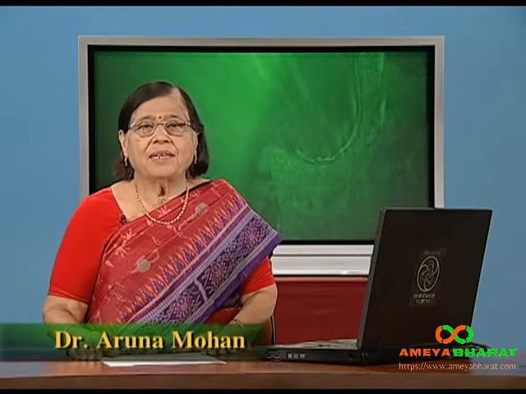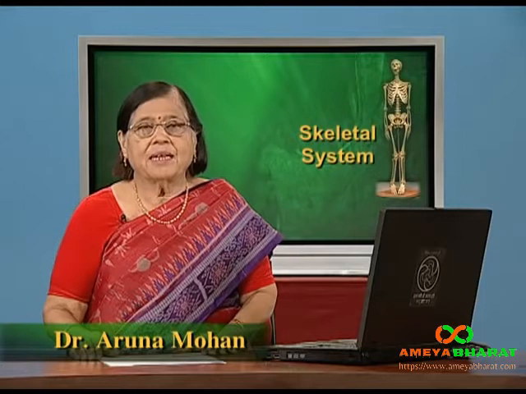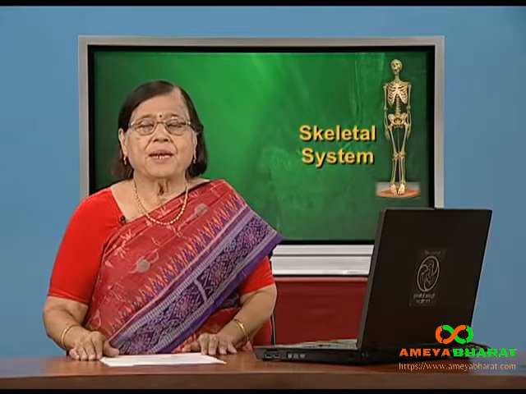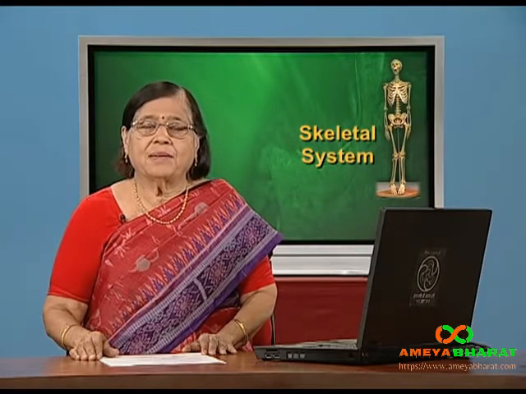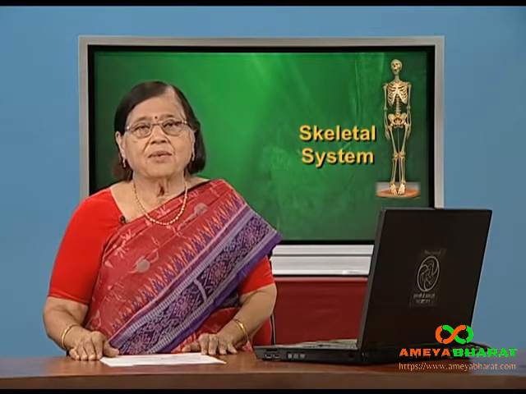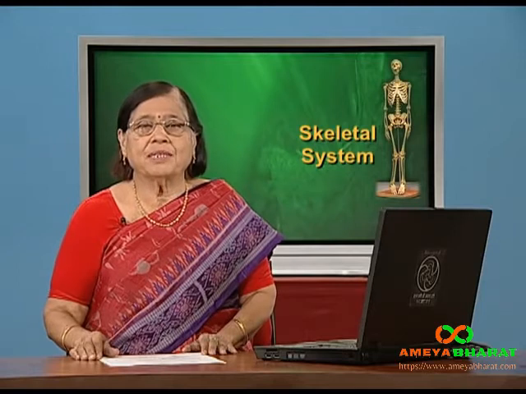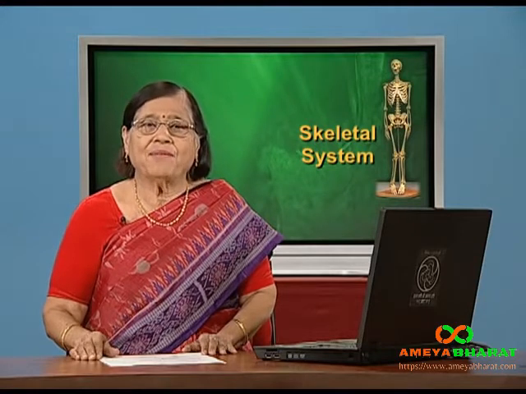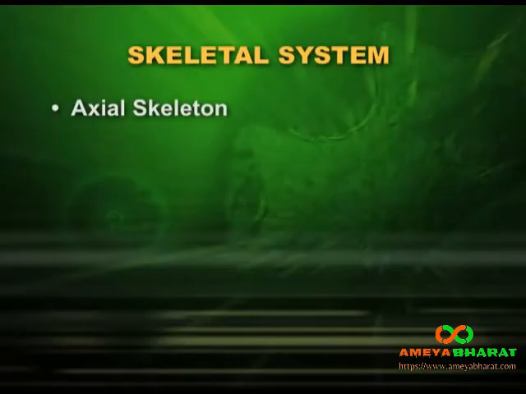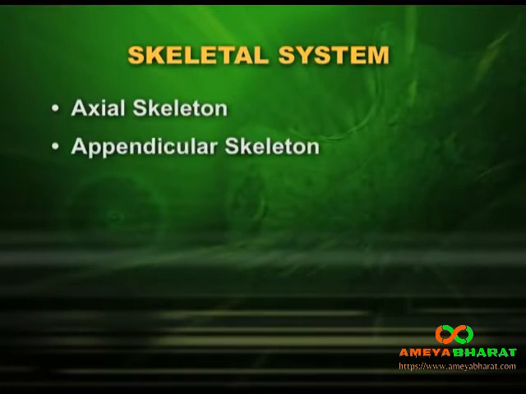Hi students, in previous sessions we discussed the skeleton in relation to movement and locomotion. We understood that along with bones, the muscles and the nervous system are also important, and we discussed in detail the 206 bones which we have in our body, the axial skeleton and also the appendicular skeleton.